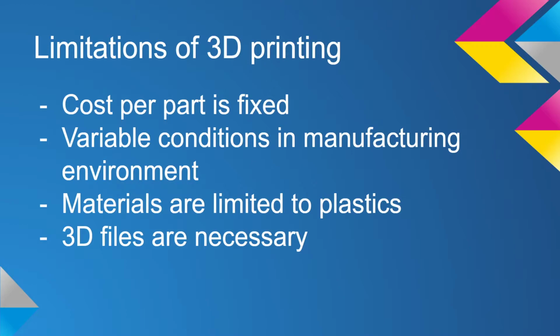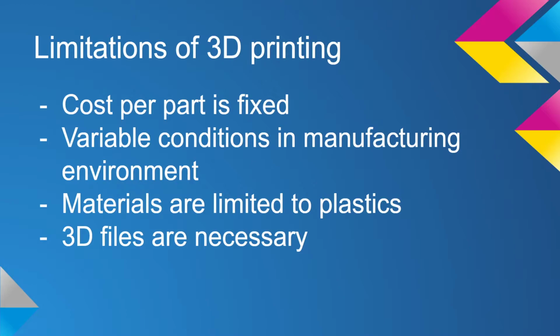So your cost per part is fixed. What I mean by that is if you're producing a widget, let's say, and you have a part that's going to take an hour to produce on a 3D printer and cost you 50 cents in material, to produce one part, that's your cost per part. You produce 100 parts, your cost is still 50 cents per part.